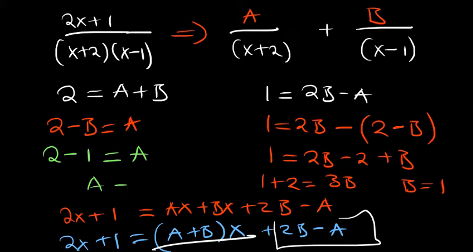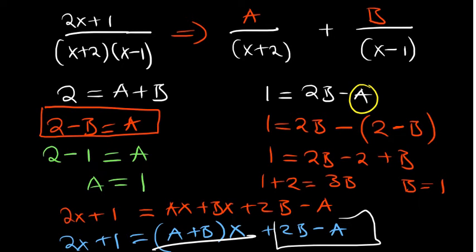A is also, a becomes what? We're finding a to be 1 as well. Okay, so here we made a the subject, we had 2 minus b, and then from that point we went to this other equation where our 1 was equal to 2b minus a, and then we had to substitute where we had our a, we put 2 minus b.